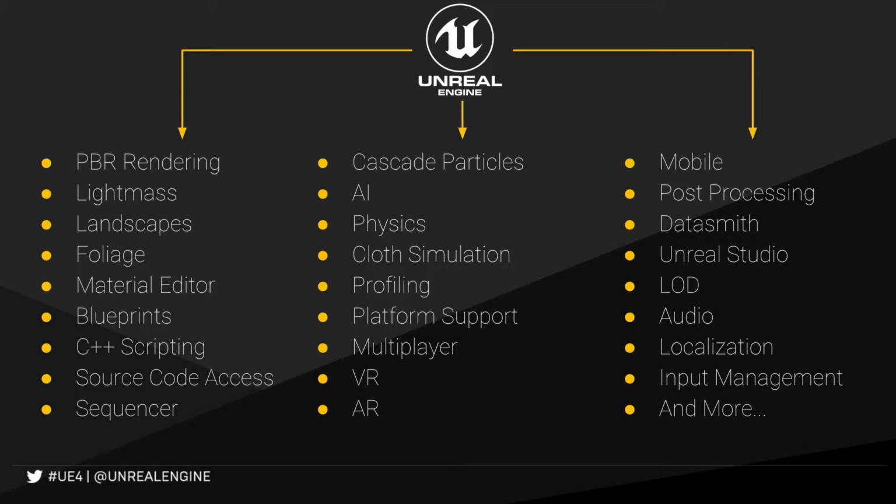We've got visual effects. We have ways to profile, cloth simulation, you name it. If you need it to produce a AAA high-end video game, it's included. Plus, we've also started to look at the visualization field and our non-gaming customers, and we're starting to put a lot more of that technology into the engine as well.